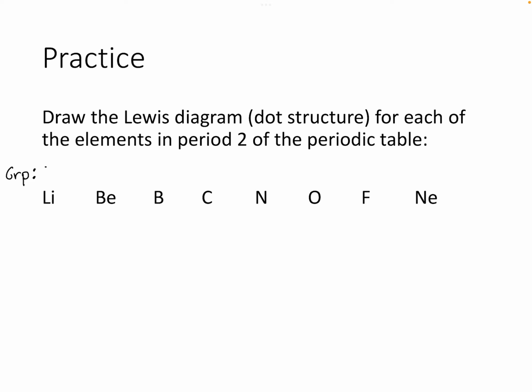So we have group 1, 2, 3, 4, 5, 6, 7, and 8. And again, this is the numbering scheme if we're only looking at the main group elements, so the first 2 columns and the last 6 columns. So we're ignoring the middle, the transition metals. Okay, so this tells us how many valence electrons each element has.